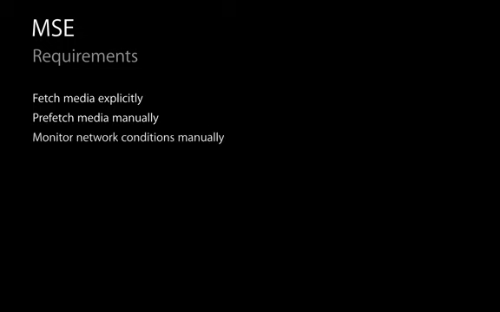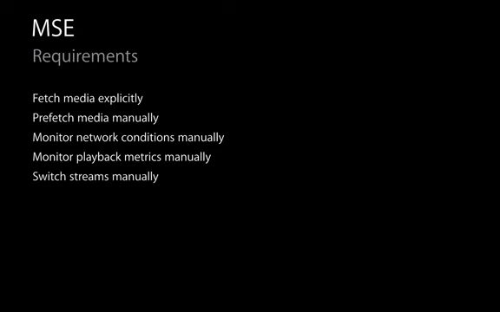So, your page must monitor network conditions to make sure that your user's device can keep up with the bitrate that you're serving. You also have to monitor whether your users are dropping frames, if their hardware can't keep up with the media that you're serving. And when conditions change, you have to manually switch streams by prefetching and then starting over for a more appropriate stream.